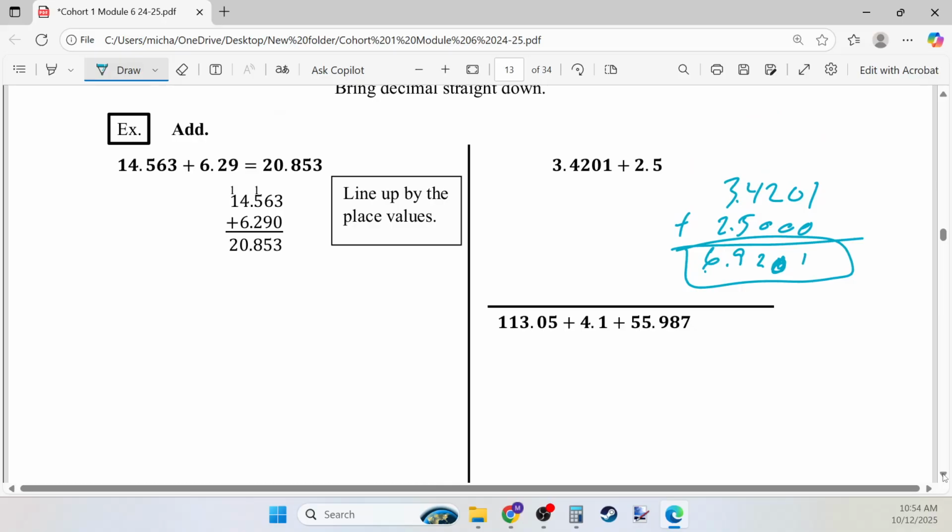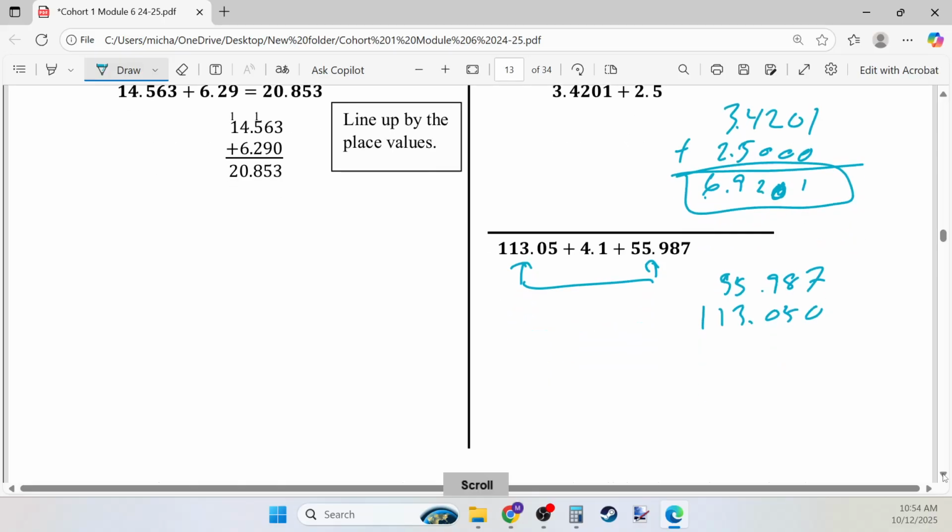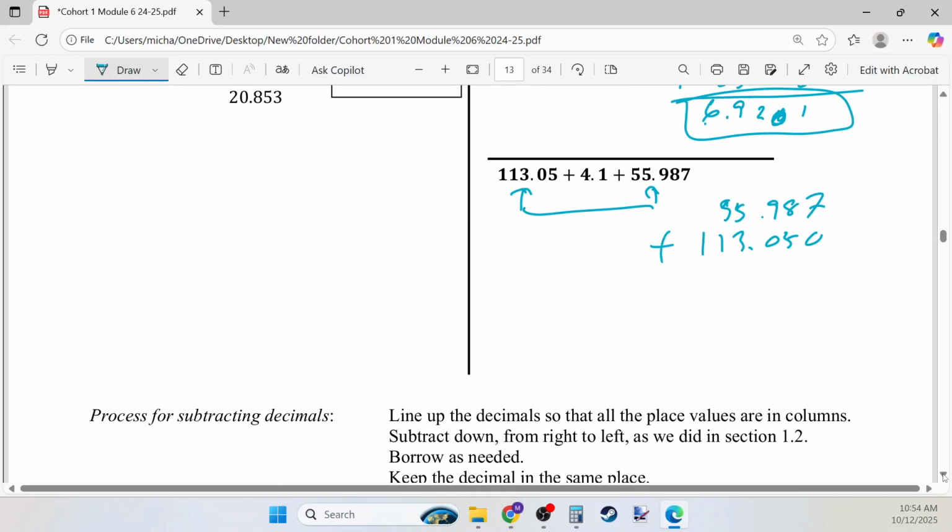I'll do part of this one. I'll add this to this, and then you can add the 4.1 later. Line things up, we place a 0 where we need to. 7, 18, 9 plus 1, 10. 1 plus 3, 5 is 9. 5, 6.